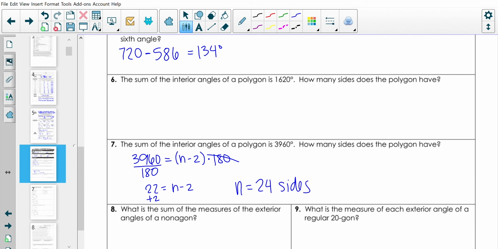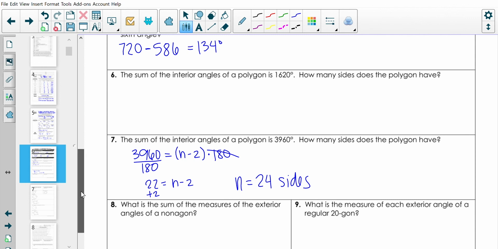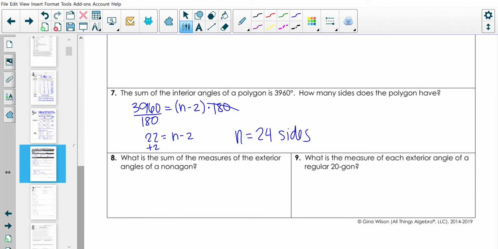Number 9. What is the measure of each exterior angle of a regular 20-agon? Exterior means 360 divided by 20, and you get 18 degrees. Flip it over.